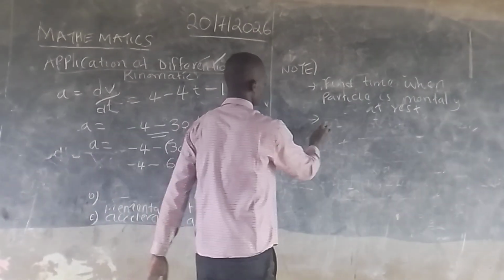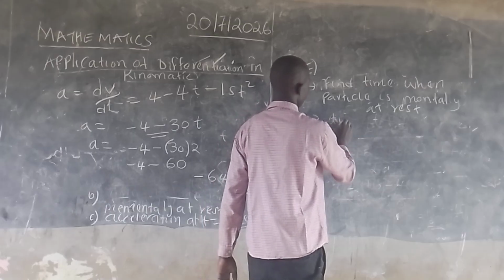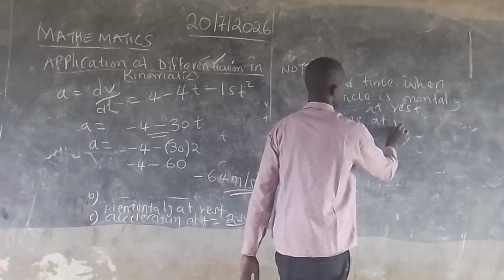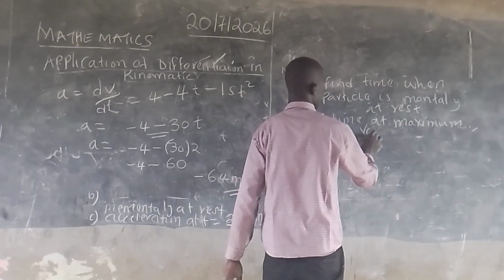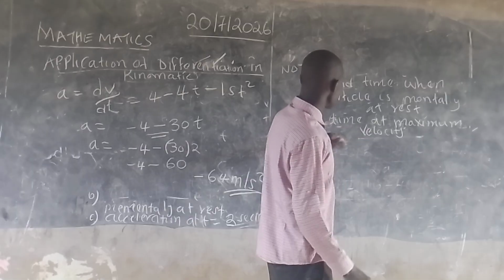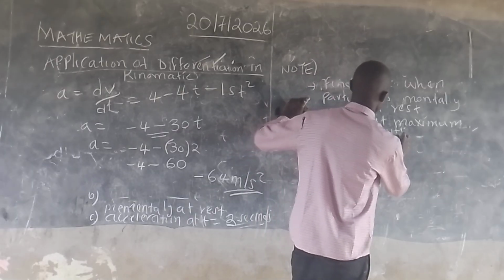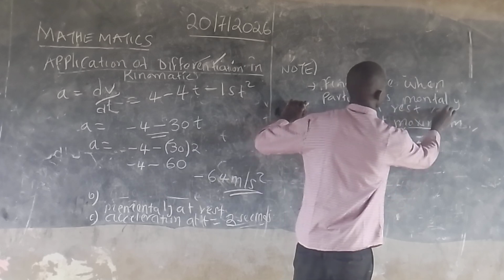Then number 2, they say find the time at maximum velocity. At maximum velocity it simply means that the acceleration is 0. So acceleration here is 0, and here velocity is 0.